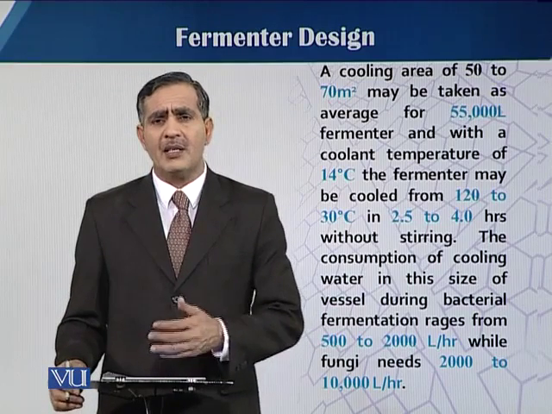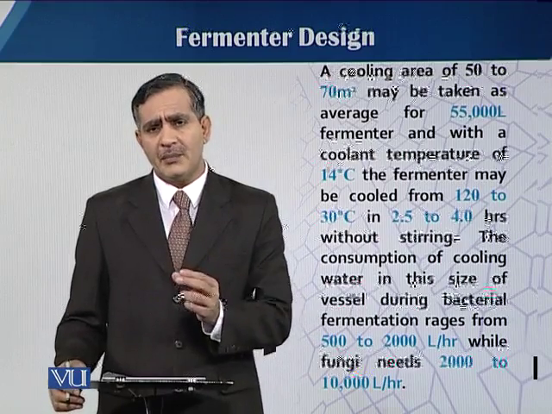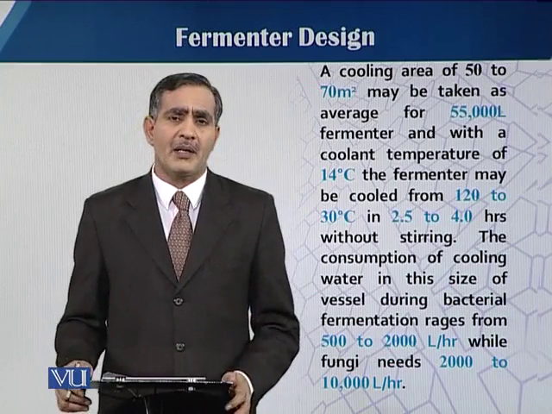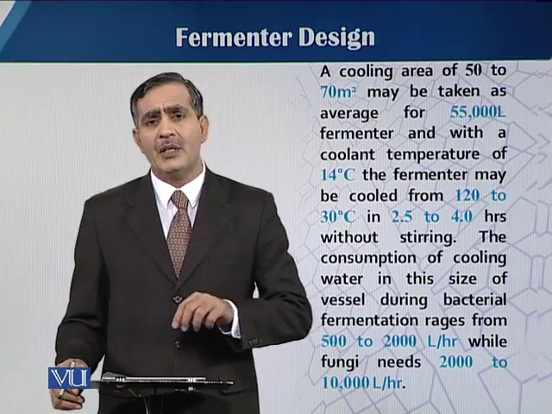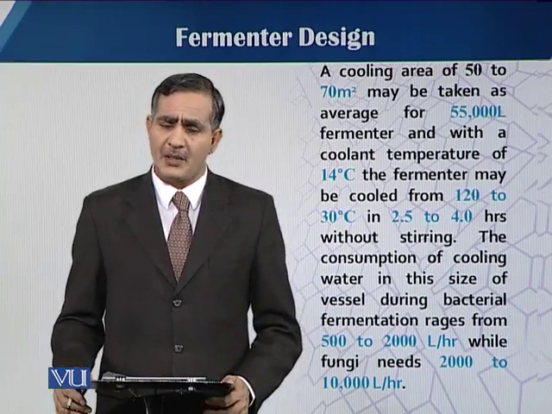So this is the equation. As the temperature range is minimized or maximized, we have a different requirement. So when we control the temperature, that can ultimately affect the cost of the fermentation process.